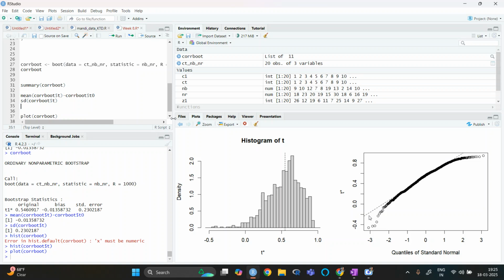This line shows that, so this is the quantile-quantile plot, QQ plot we say. Most of the points are on this line. Out of 1,000, maybe a hundred are here and here, but mostly they are on the line. So we say that it is safe to work with the normal distribution.